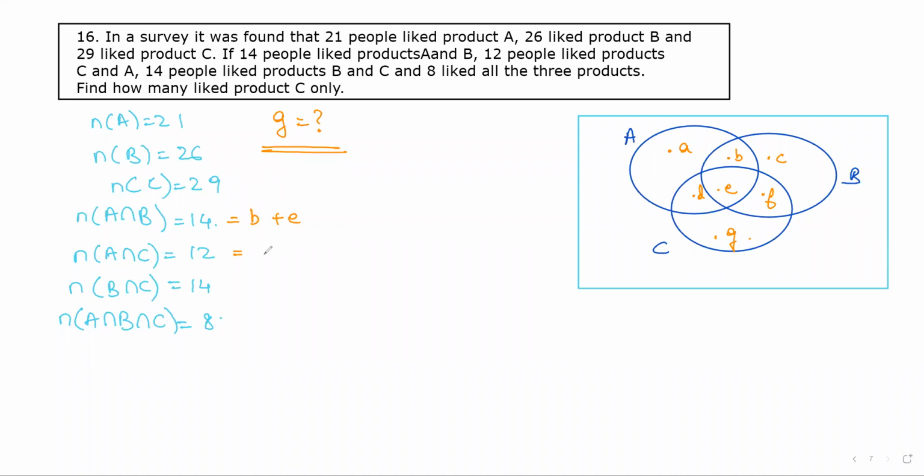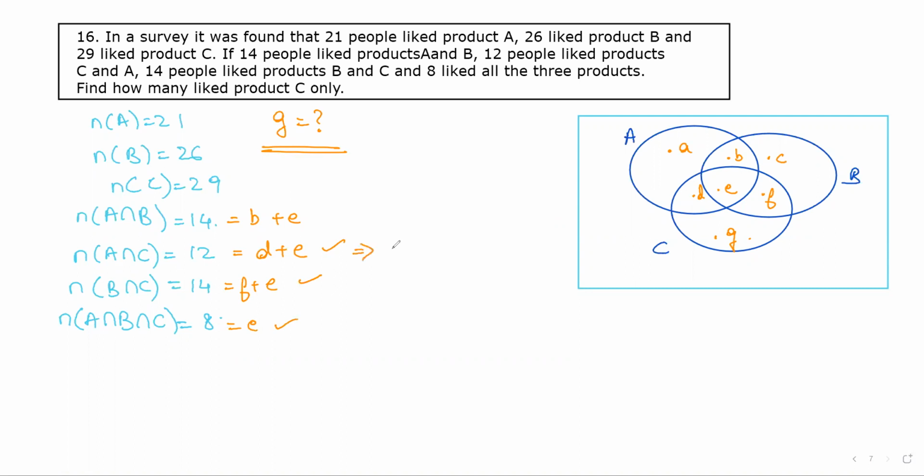A intersection C, D plus E, and B intersection C, F plus E. And the triple intersection will be equal to E. Now to get to the value of G, you have to know D, E, and F. E is known to you. You need D and F.